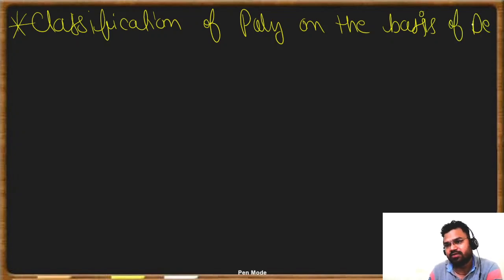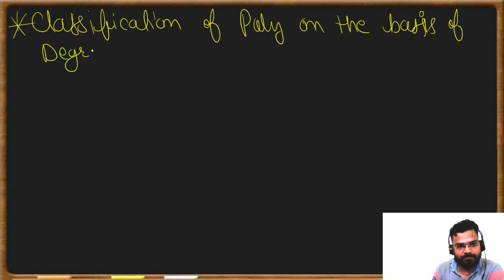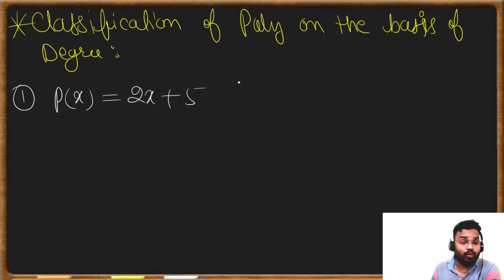Okay. So let's suppose I'm writing one example. P of x is equal to 2x plus 5. What is the degree of this polynomial? In this case, the degree of the polynomial is 1. Yes or no? So the degree of this polynomial is 1.